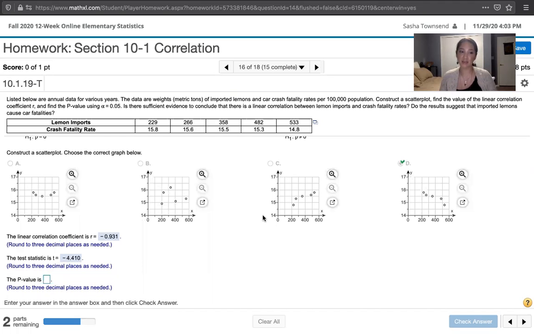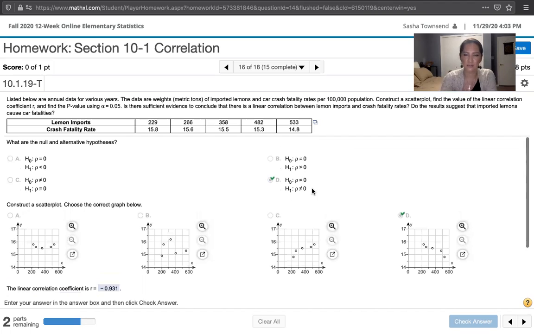And then it asks for the p-value. Now, our alternative hypothesis is that there is this linear correlation coefficient rho for the population. We're saying that that is non-zero in our alternative hypothesis.